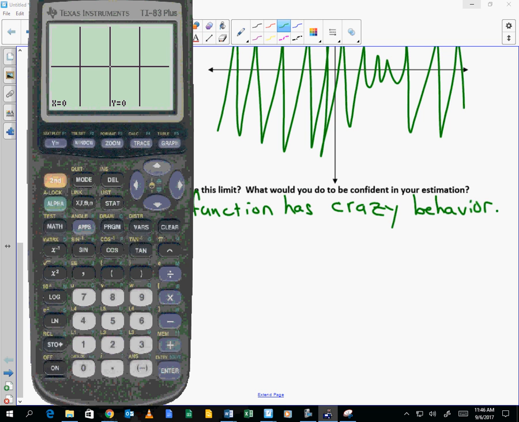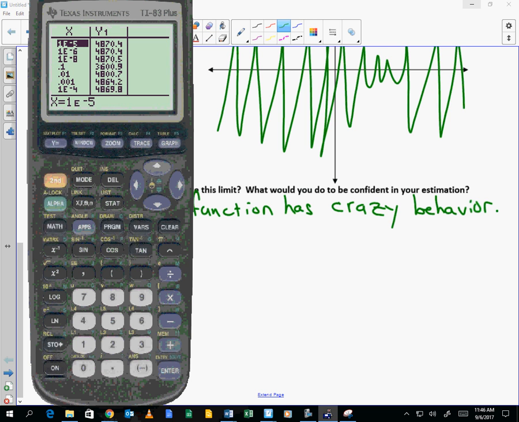What are we going to do? There's a limit. You can find it. What's another option? Actually, zooming out would be an option, but really I want to adjust the window a little bit. Let's go under our table and see what we can create for a window to get a better view of this graph.